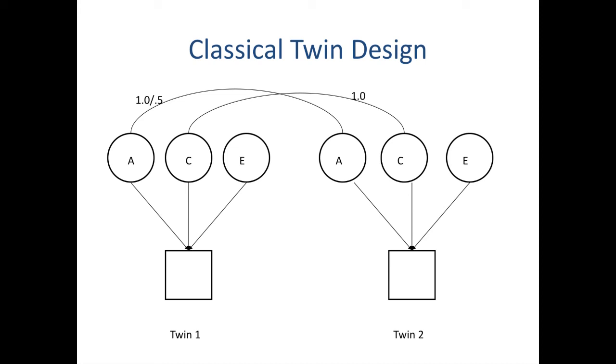So a common way to talk about the results of basic classical behavioral genetic studies is in terms of A, C, and E. The percentage of variability that's attributable to additive genetics on the one hand, and then the common and unique family environments.